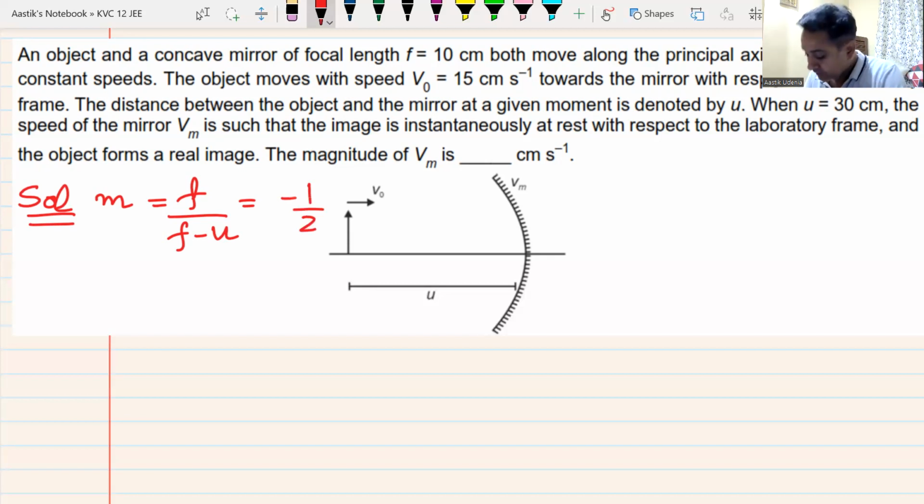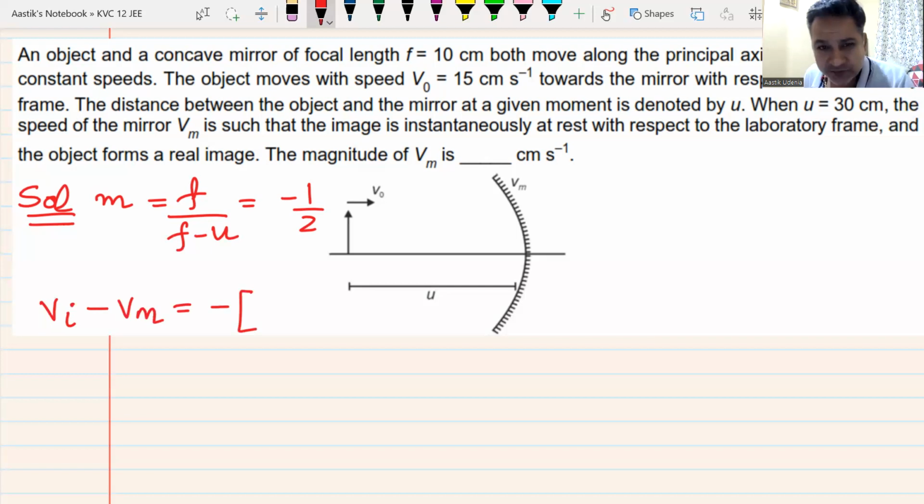So, now I have velocity of image with respect to mirror, and velocity of image with respect to mirror is velocity of image minus velocity of mirror. Do we understand this? Please raise your hands. That will be equal to minus of minus 1/2 whole square.